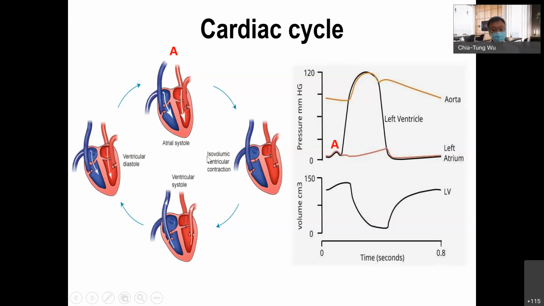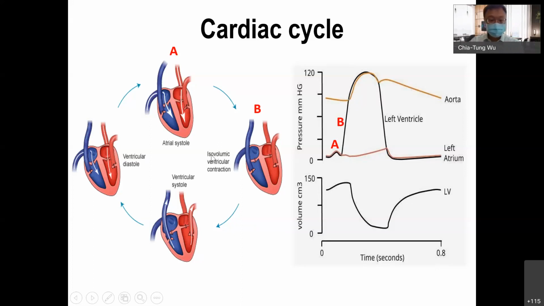After that, the signal goes to the ventricle and starts a ventricular contraction. At the beginning of ventricular contraction, the pressure in the left ventricle is still below the pressure in the aorta. So at stage B, the aortic valve does not open yet.